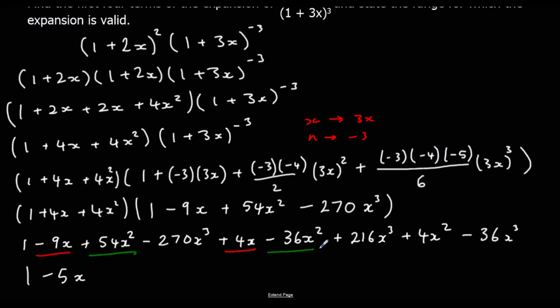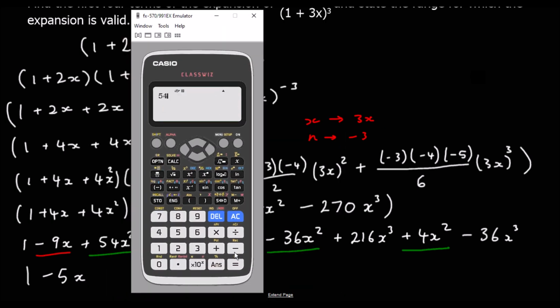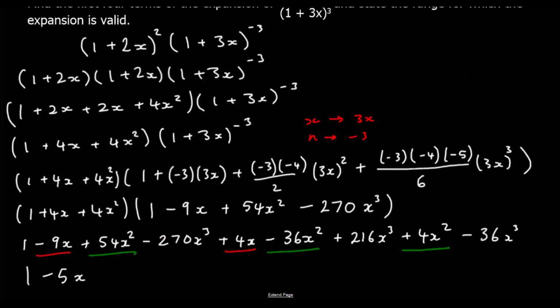54, take away 36 plus 4. Let's just use the calculator. So 54, take away 36 plus 4. So 22 x squareds, and x cubes.